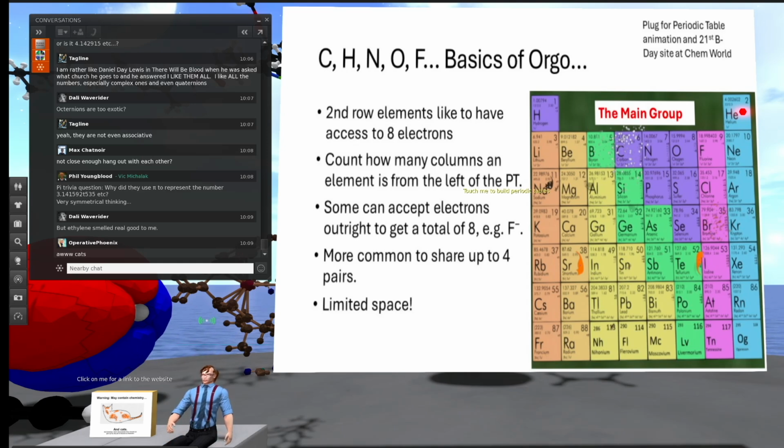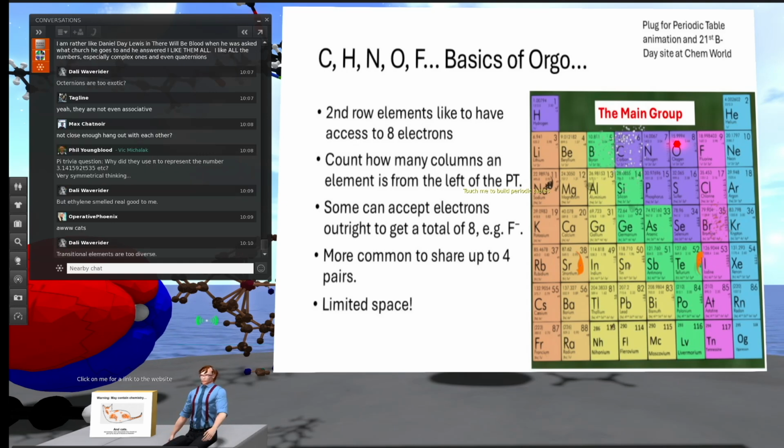And a lot of the time what we do is figure out how many electrons are available for chemistry for an atom. It's very easy. You just count how many columns it is from the left of the periodic table, right? So fluorine there, where I've got my laser pointer, is 1, 2, 3, 4, 5, 6.